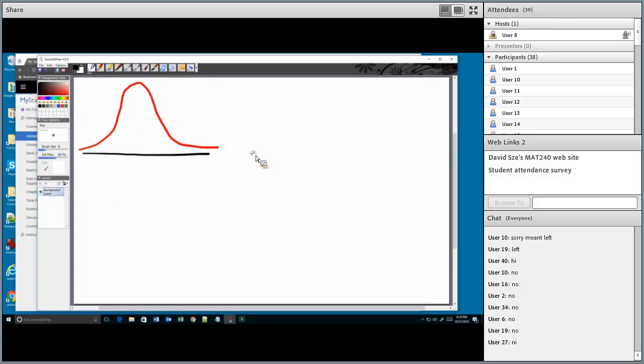For example, this is a bell-shaped curve, obviously, and it is a normal distribution, but so is this.